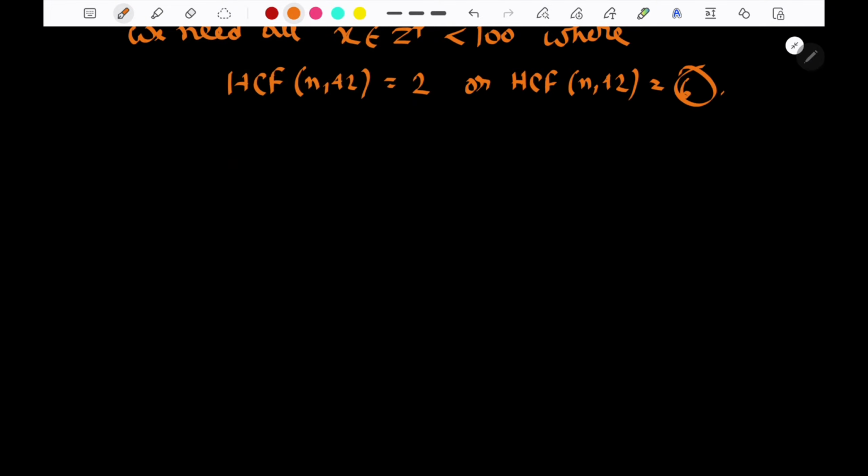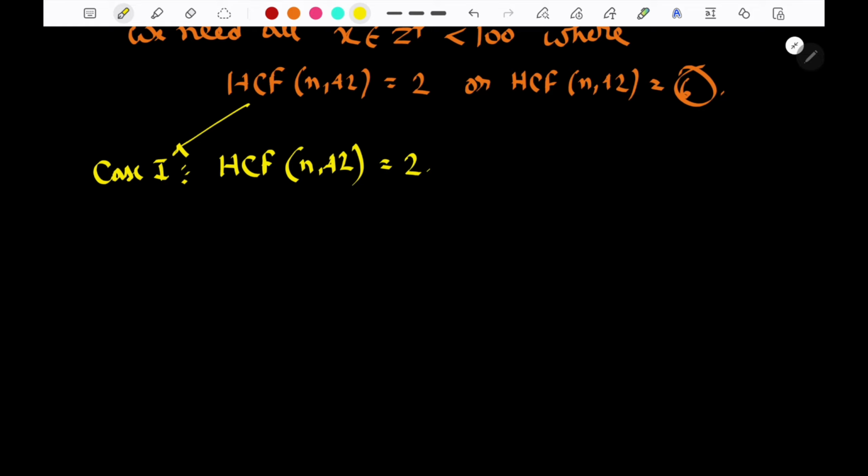So case 1. In case 1, let's say HCF of n comma 42 is 2.